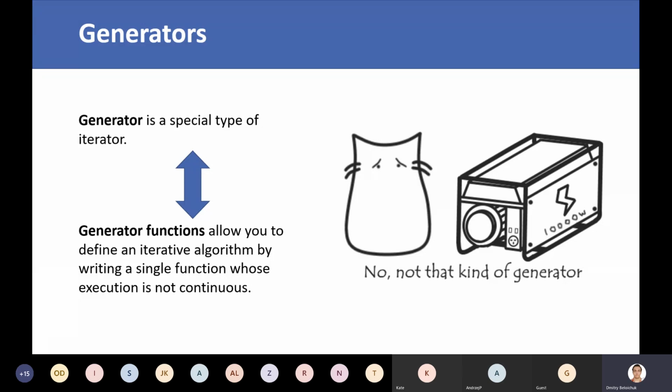The whole idea behind generators is to be able not to parallelize the execution of some code, but to pause pieces of code and then continue with some other logic. And once we are done with that logic, we can continue with the paused logic. So simply put, a generator is a function that can be paused.